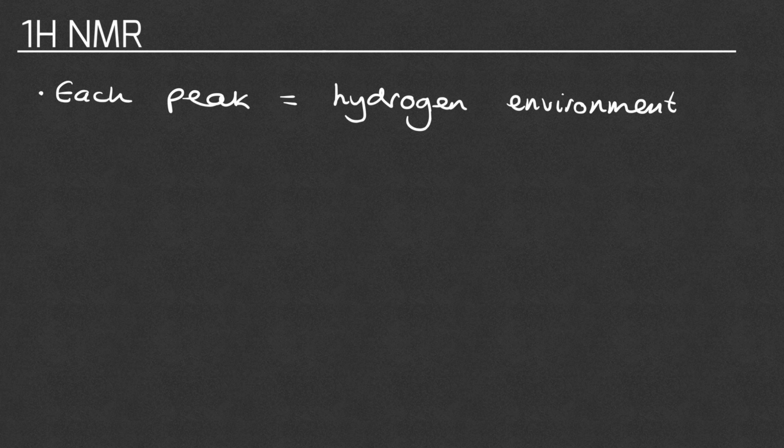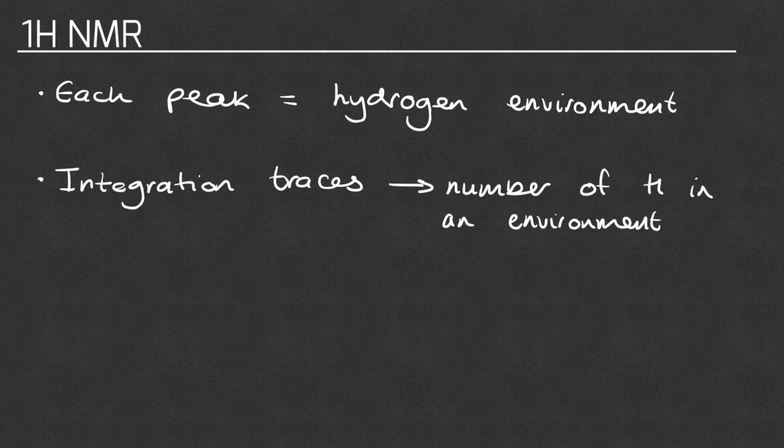We're now going to look at hydrogen NMR and the information that gives you on its spectrum. Just like with carbon NMR, each peak on hydrogen NMR equals a different hydrogen environment. Hydrogen NMR also gives you 2 additional pieces of information.